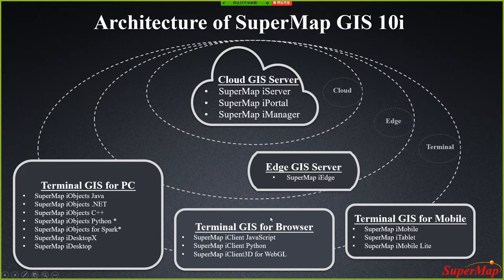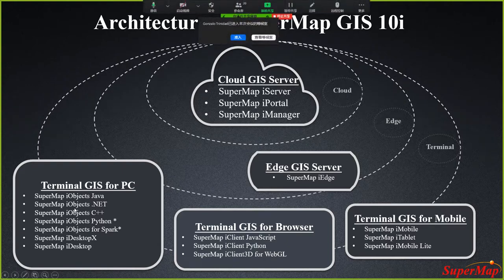Ok, thank you. Okay, and in the terminal JS for PC, we have the series of the SuperMap iObjects and SuperMap iDesktop. So today we will introduce the SuperMap iDesktop.